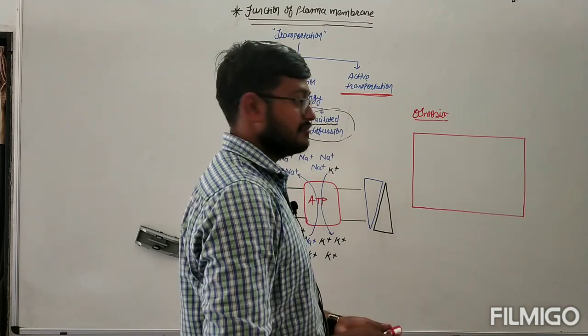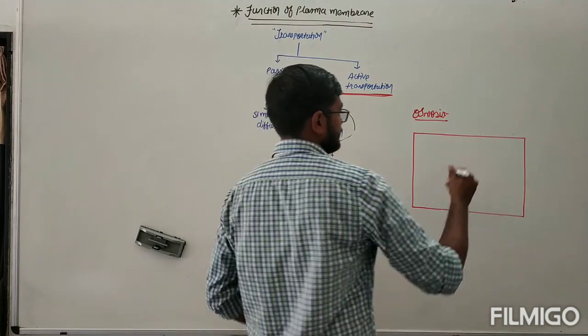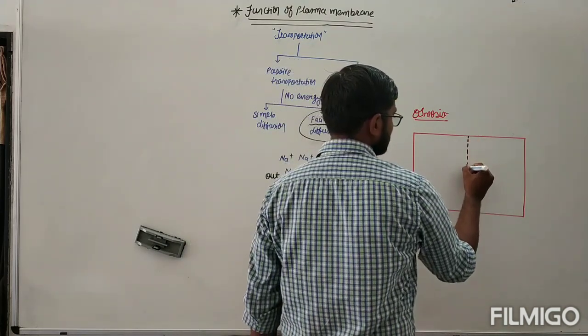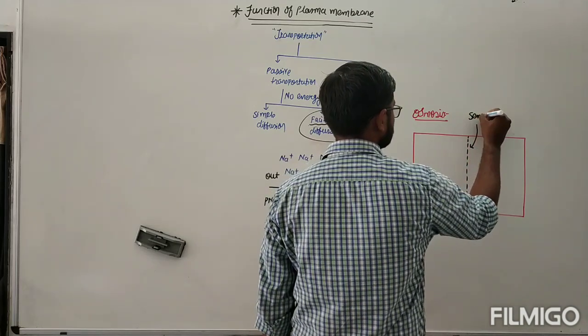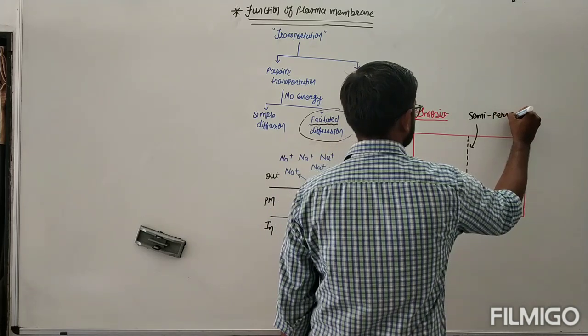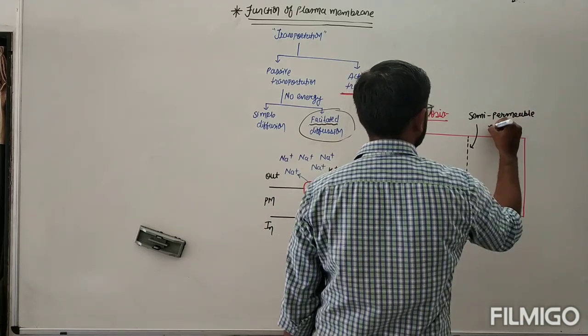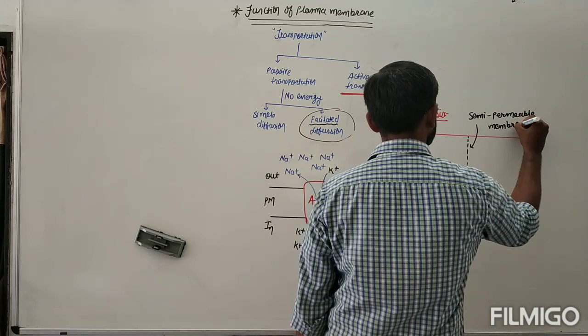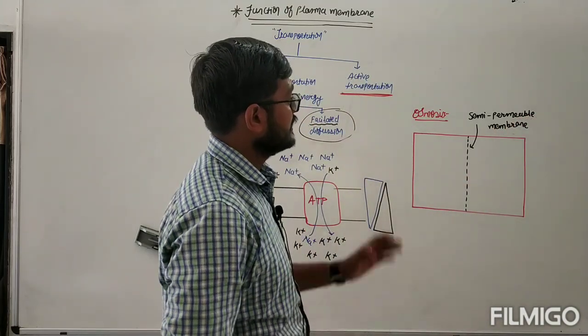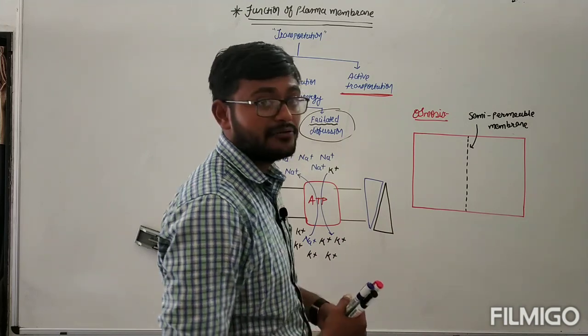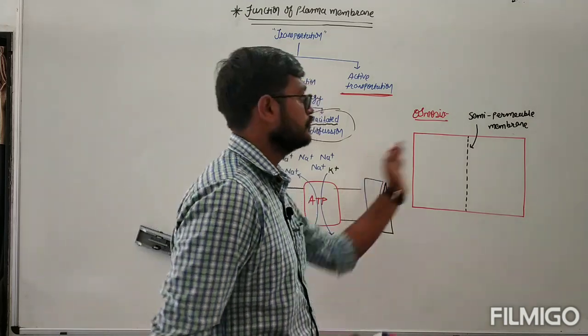In between the glass chamber I am placing one membrane, and this membrane is termed a semi-permeable membrane. This is the semi-permeable membrane. So what happens in the case of the semi-permeable membrane? It allows only the solvent to pass through.